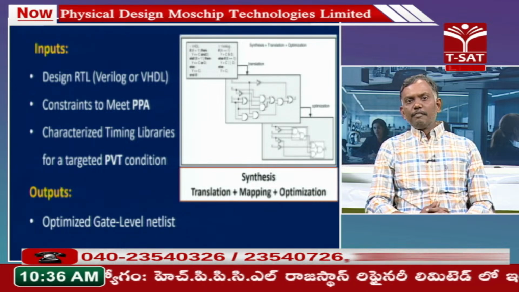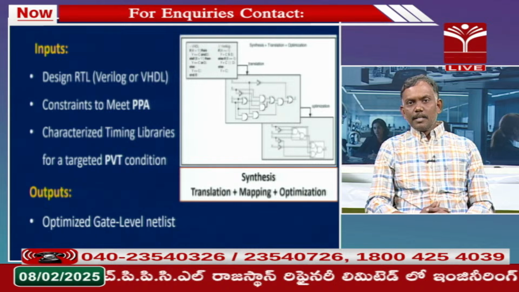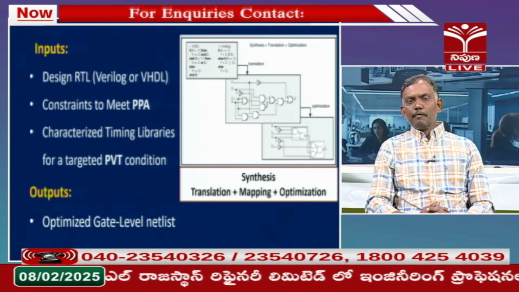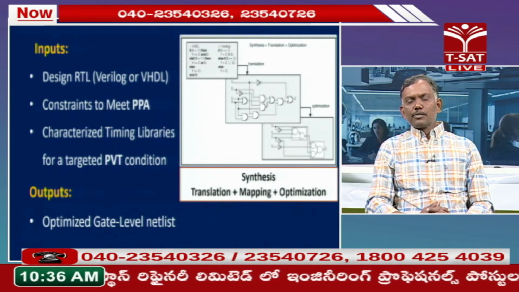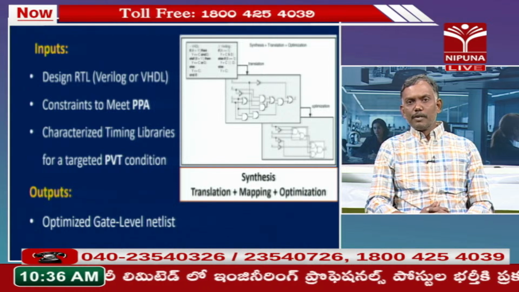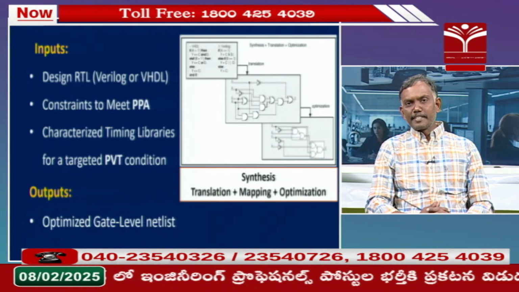Now, take the fast corner. If you add the delays for the 4 gates, 1 nanosecond, 1 nanosecond, 4 ones, 4 nanoseconds, which is less than the 7 nanoseconds, means you met the given constraint. And go to the typical corner. What are the delays for each gate? 1.5 nanoseconds, 1.5, 1.5, 4.5, 6 nanoseconds, which is less than 7 nanoseconds.